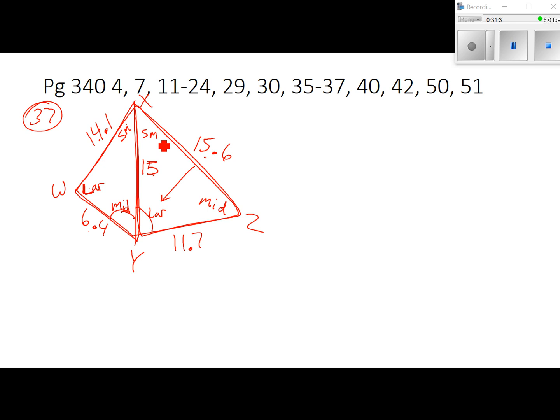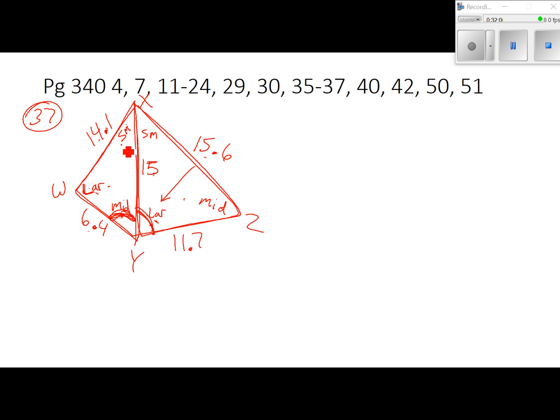Now what you got to do is use your brain a little bit and say, okay, if this angle and this angle are congruent, and this is the largest angle in this triangle, and this one over here is the middle sized one in this triangle, then that means both these angles are as big as the biggest angle in the triangle on the right.